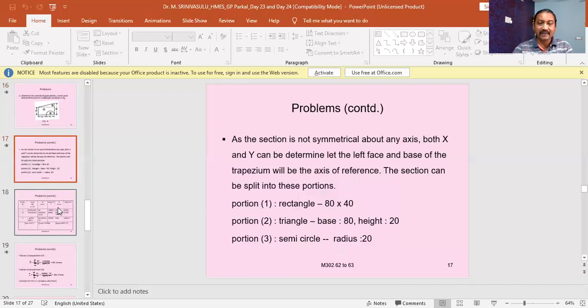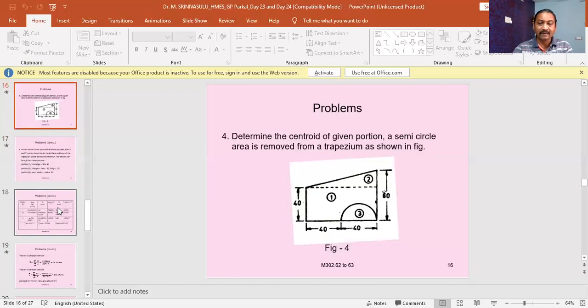Here also the figure is not symmetrical about any axis. It is neither symmetrical to the x-axis nor to the y-axis. So it will have both coordinates, x and y, for the centroid, and we are supposed to find both.